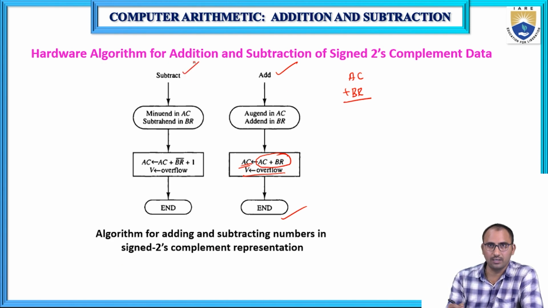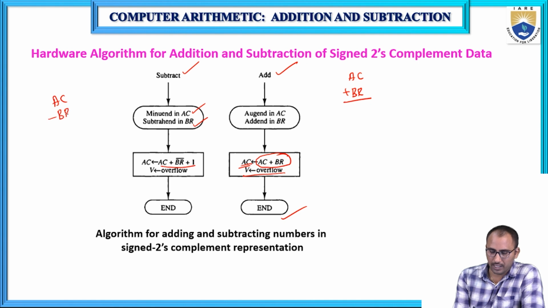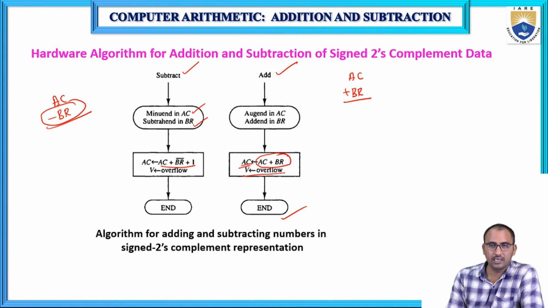And coming to the subtraction. For subtraction, the minuend will be stored in AC, and the subtrahend will be stored in the BR register. We are performing AC minus BR. Already we know the negative numbers are represented in the 2's complemented form. What is the 1's complement of the BR register? BR bar.